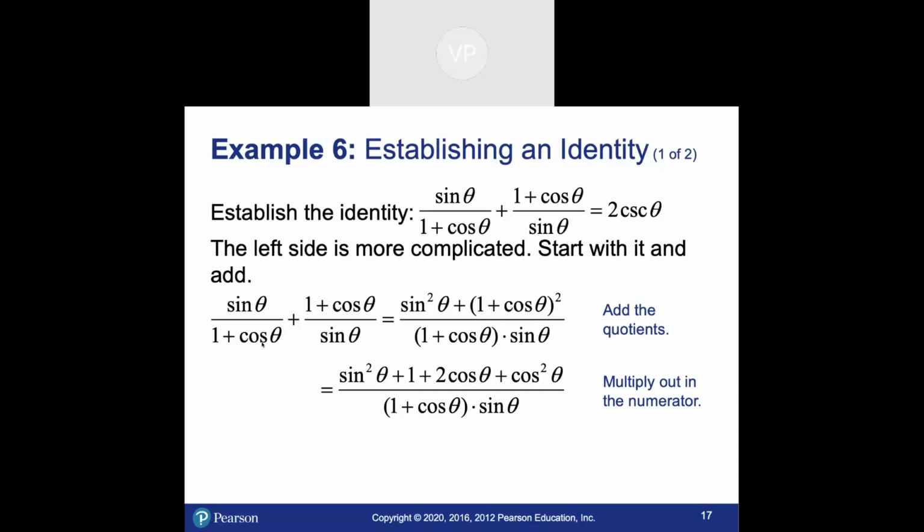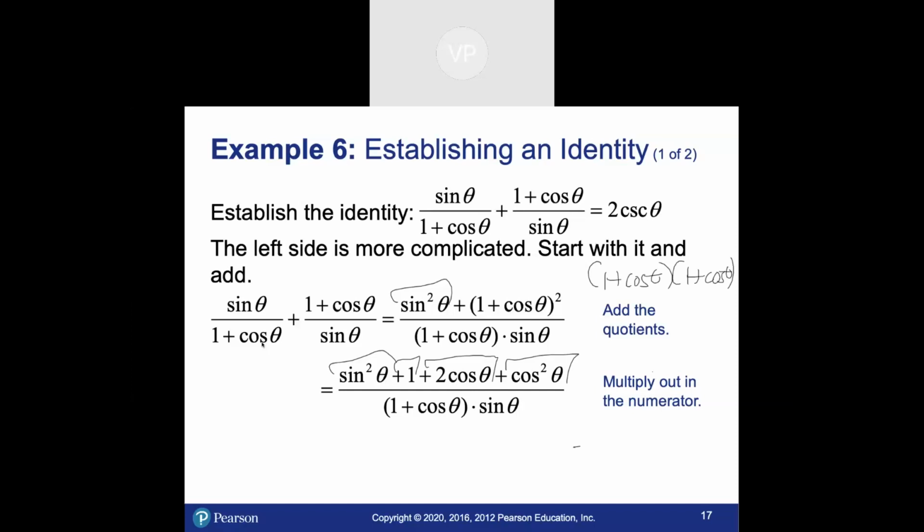The sine square stays as a sine square. Over here, remember that 1 plus cosine squared is 1 plus cosine times 1 plus cosine, which means you FOIL it out. You get a 1, you get a cosine and another cosine, that gives you the 2 cosine, and then you have a cosine square.